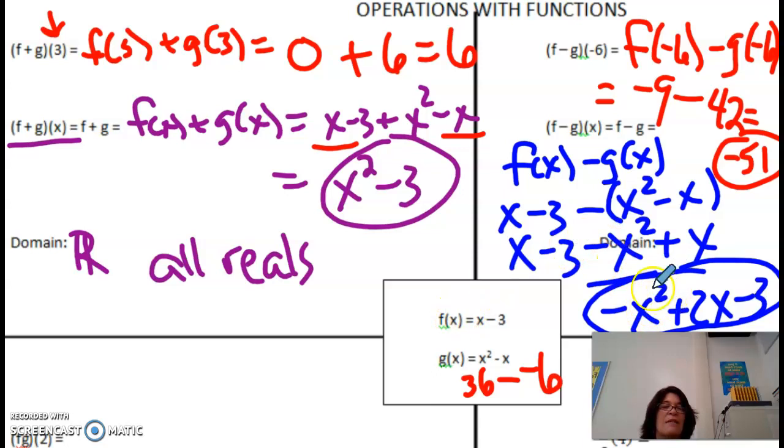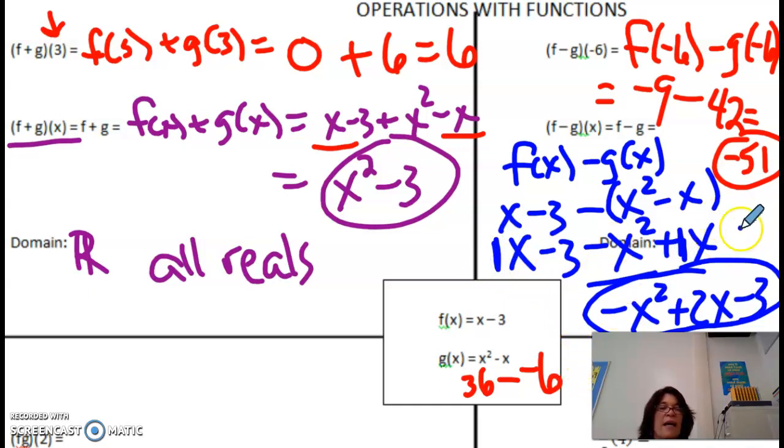So this power is 2, this is a second degree term. This is a first degree term. And then there's no x in that one. A lot of times we go in descending order with the exponents when we do a polynomial. So f minus g of x is negative x squared plus 2x, because I have the 1x and the 1x here, and then minus 3.